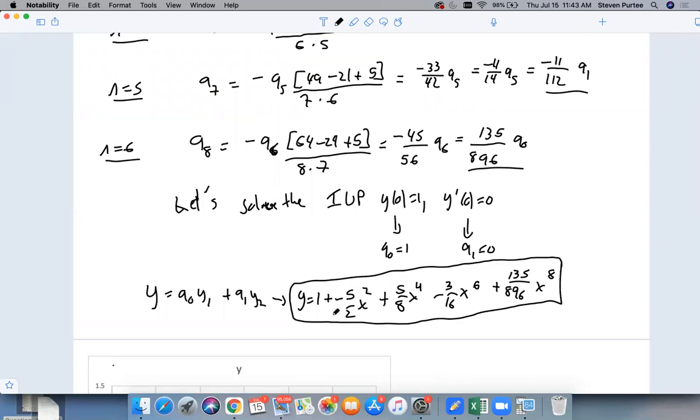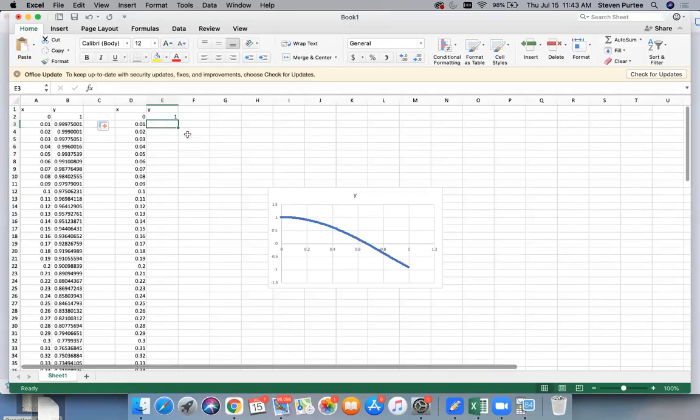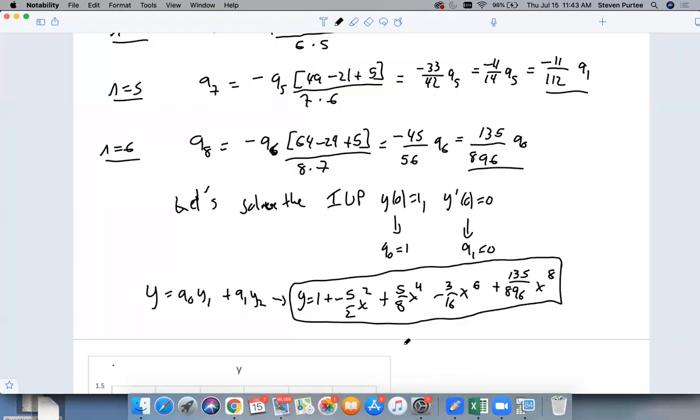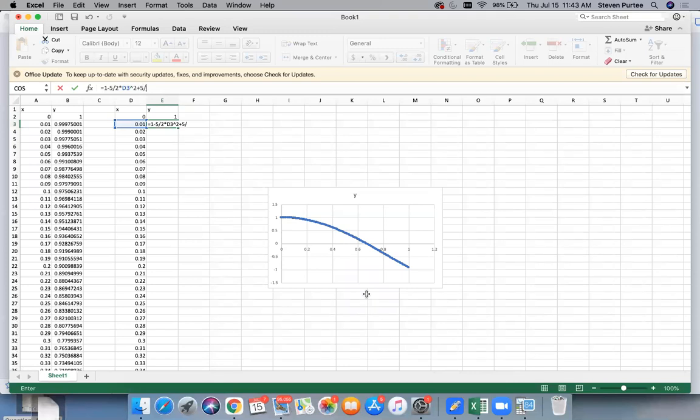So I'm not going to type the whole thing out here, but I'm going to get started. 1 minus 5/2 x squared. So this will equal 1 minus 5 divided by 2, times, you have to have this times here, my x value squared, plus 5/8 x to the 4th. 5 divided by 8 times, if you don't put the times, it won't take it.